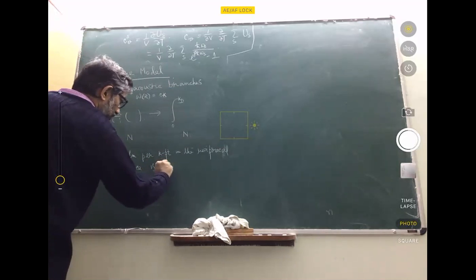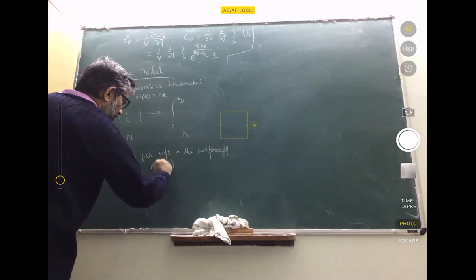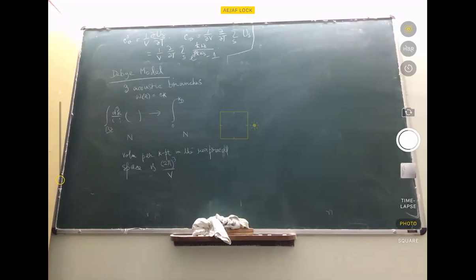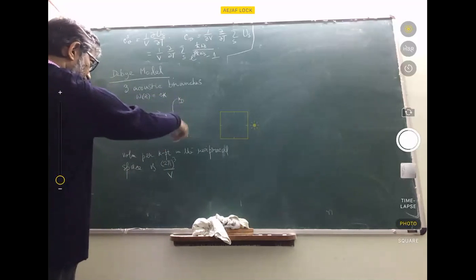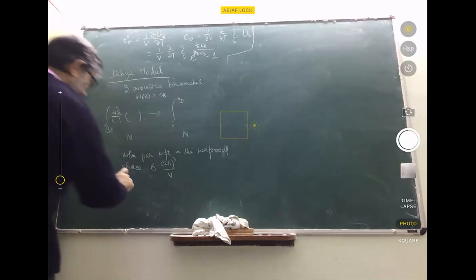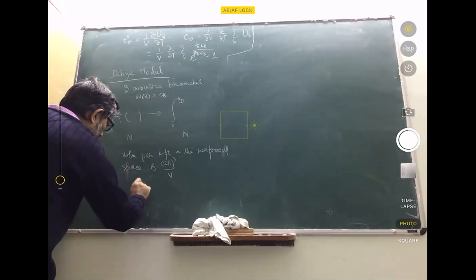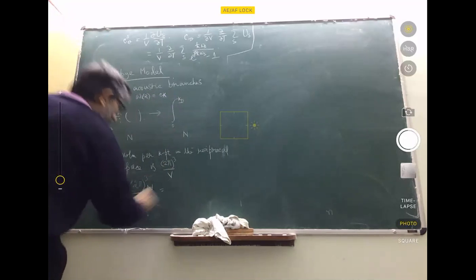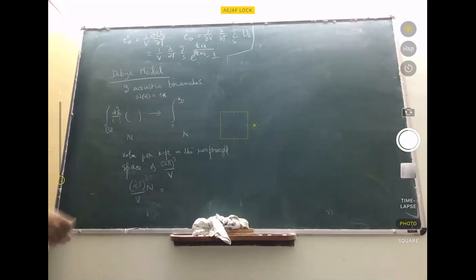Well, V is the real space volume. If we have N k points, then this has to be equal to the volume of the sphere of radius kD.